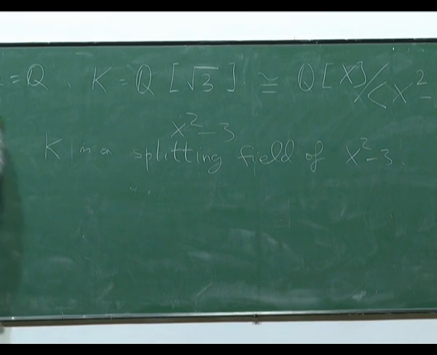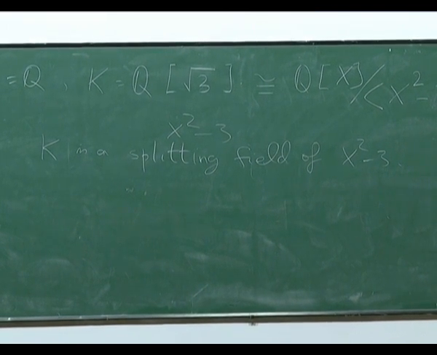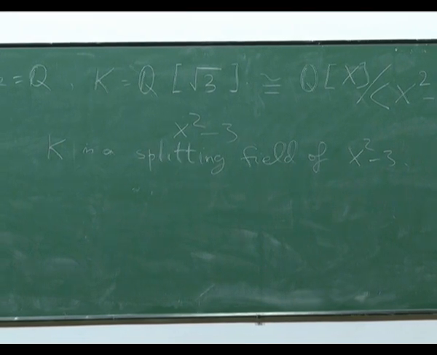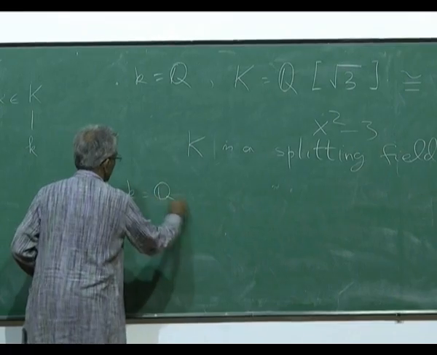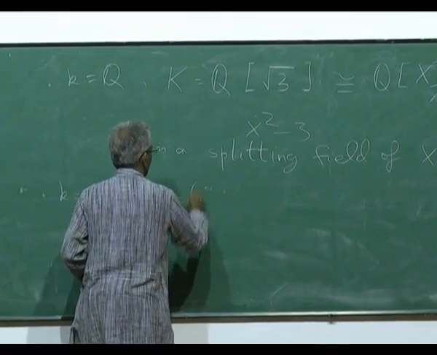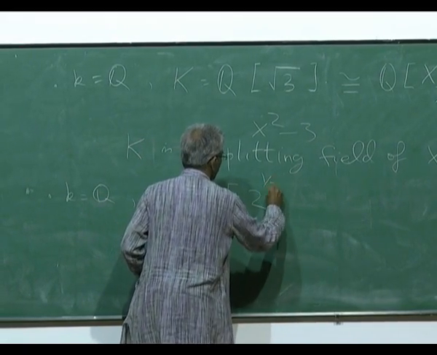So let us look at something which is not normal. I still haven't defined what is a normal extension. I am going to do that. So let us look at this example. k is still Q, but capital K is this time Q attach cubed root of 2.